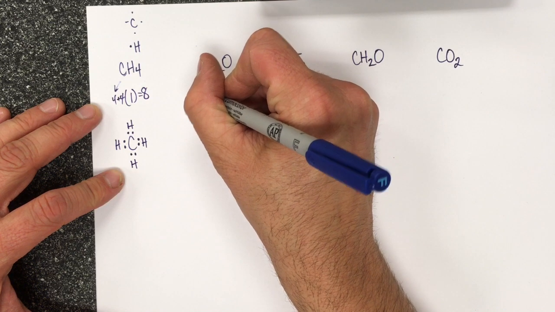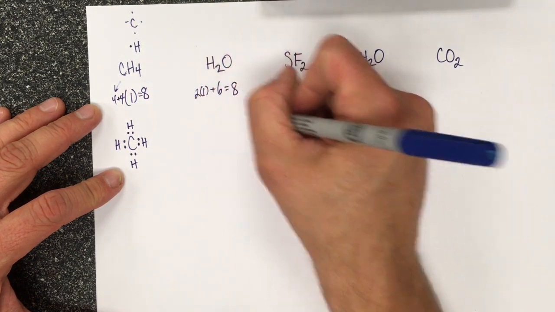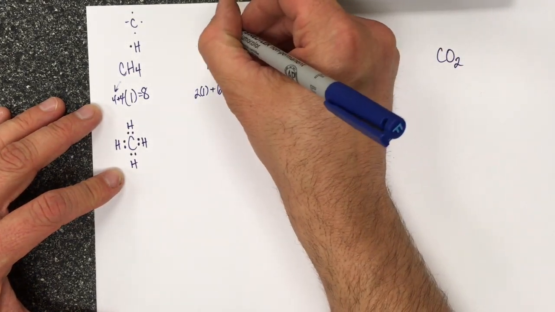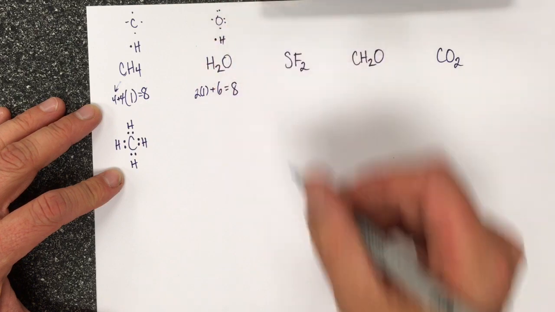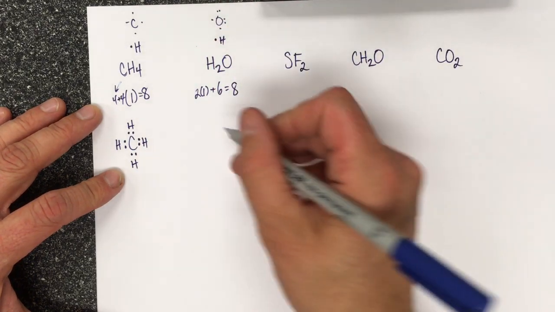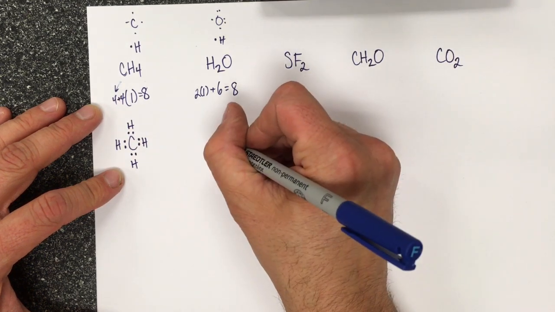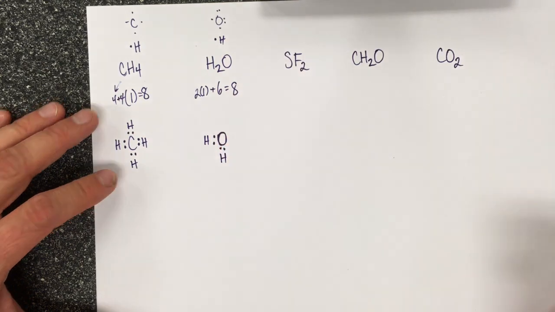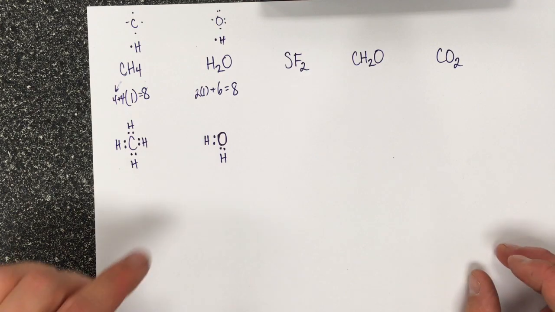For water, we have 2 hydrogens, 2 times 1 plus 6 for the oxygen, still 8 valence electrons. Oxygen has 6 valence electrons, it has 2 bonding electrons, and hydrogen has 1, as stated before. So oxygen is my central atom, and I'm going to create a bond between the oxygen and the hydrogens. So I've used up both of my hydrogens, and I put a bond between oxygen and hydrogen.